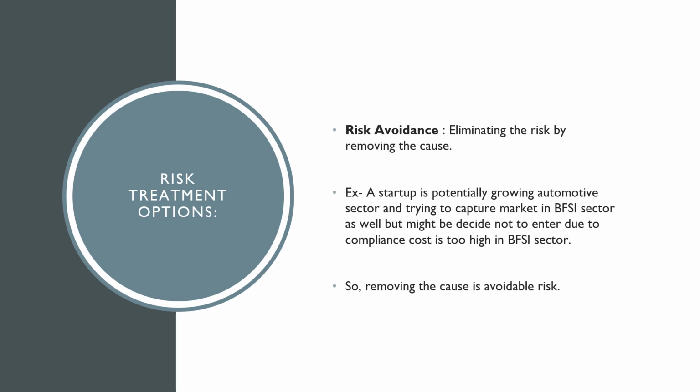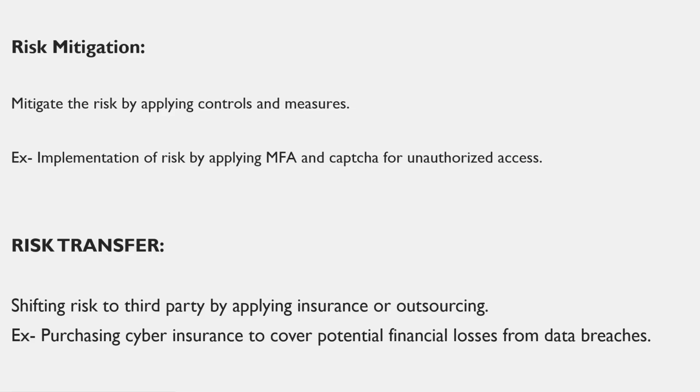A startup is growing well in the automotive sector, but while trying to capture the market in the BFSI sector as well, it might decide not to enter due to the complex formalities and very high costs. So this is risk avoidance. That means they are avoiding entering the BFSI sector because of the high risk.